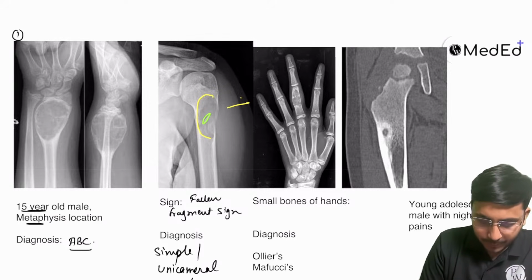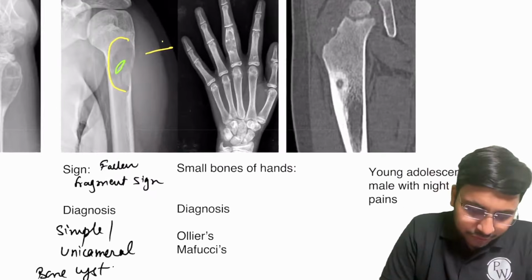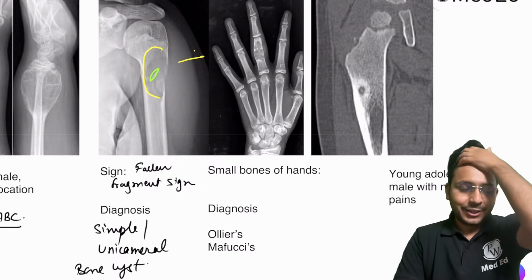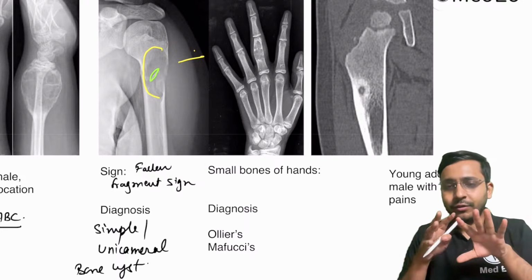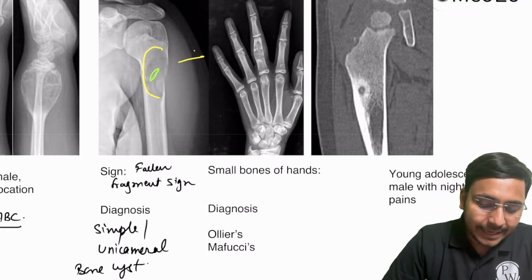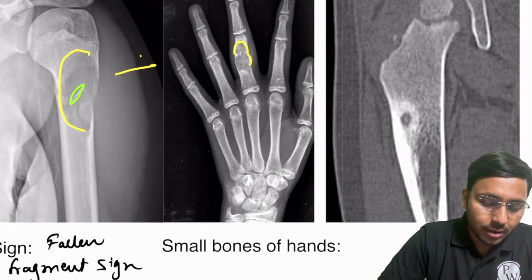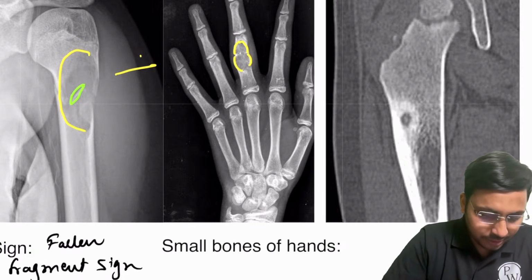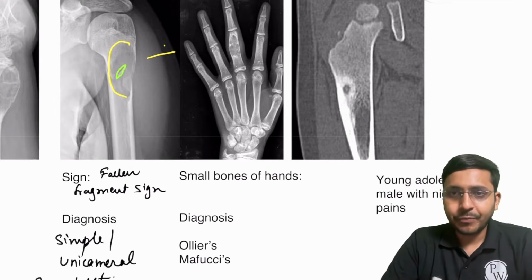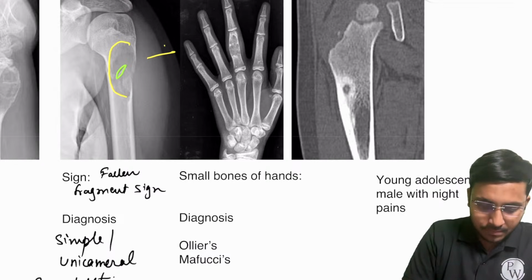Now again, tumor of small bones of the hand, right? So you see a lytic lesion in the central part of the bone. No cortical destruction. So if there is no cortical break, we know it's a benign tumor. What is the diagnosis here?